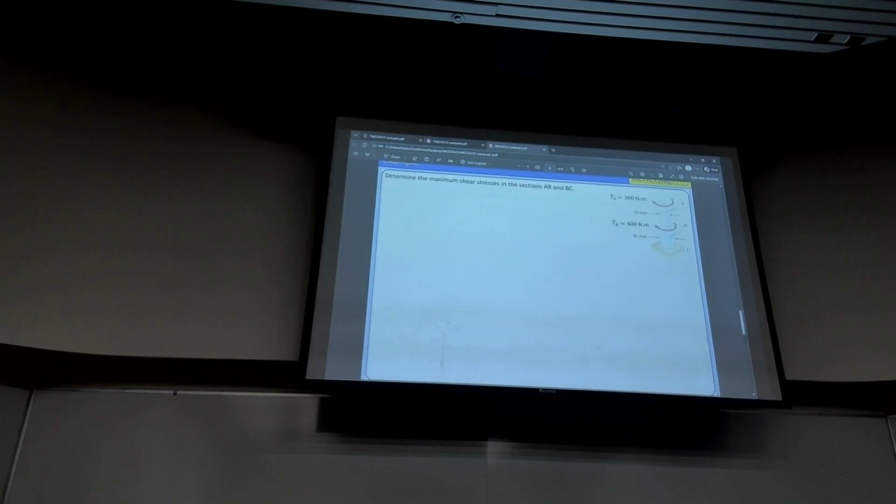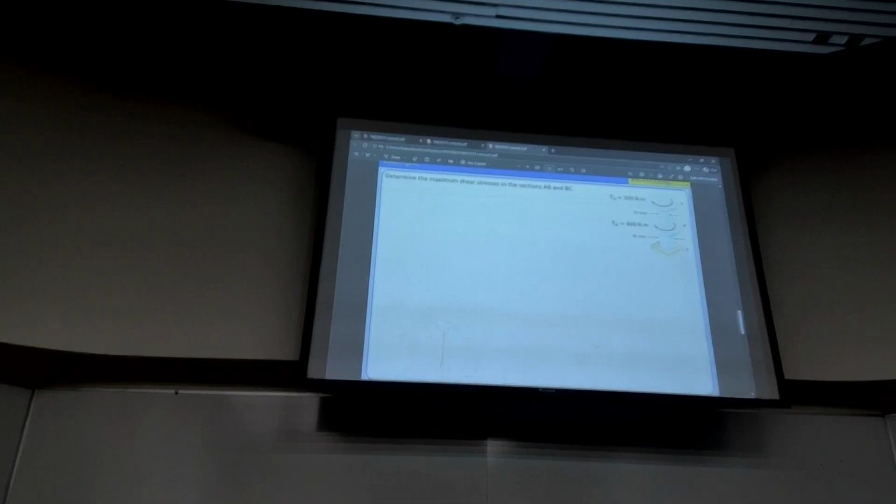All right, Kiro. Now, Kiro and Jacob, we had two specific cross-sectional geometries. One was solid circle, the other one was hollow circle or tubular geometry. So each one of you give me the J equation for one of them. For solid, the first one, J is equal to 1/2 pi R naught to the fourth.